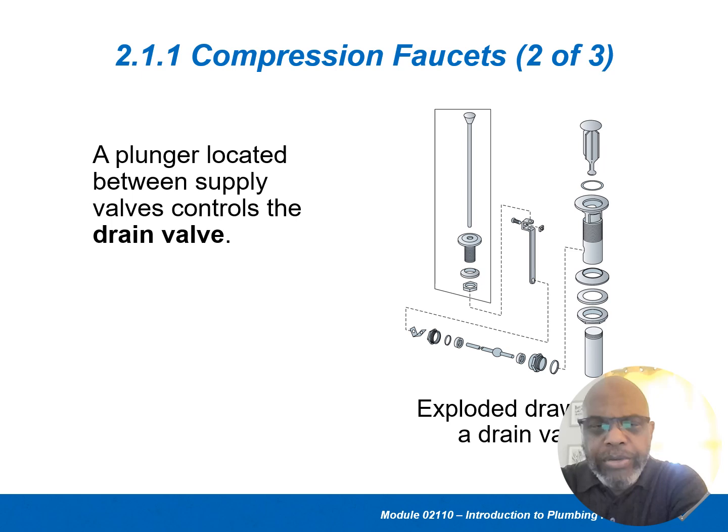Again, you can see the parts of a faucet. This is actually the drain. This is not the faucet itself, but the waste, and you can see the parts that are part of it. This is the tail piece, and it has a rubber gasket here.